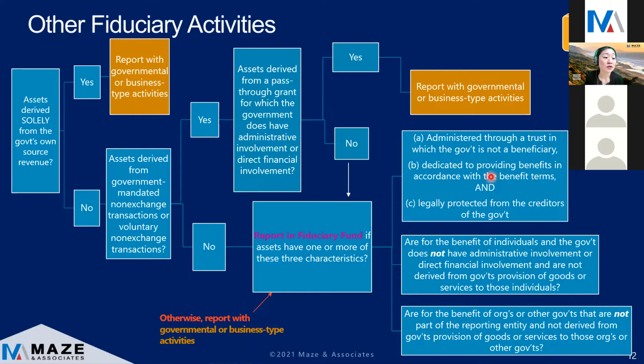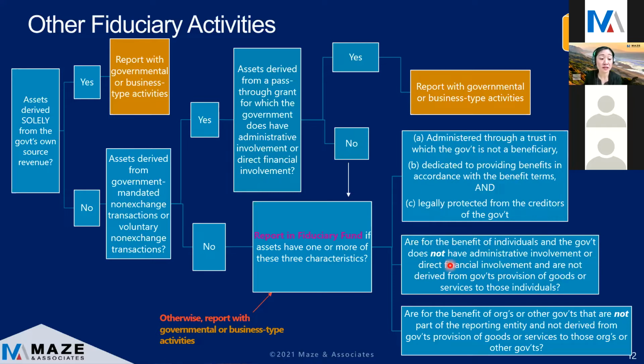Okay, so these characteristics. The first one, you have to fulfill all three of them: administered through a trust in which the government is not a beneficiary, dedicated to providing benefits in accordance with the benefit terms, and legally protected from creditors of the government. Okay, second characteristic: the assets are for the benefit of individuals and the government does not have administrative involvement or direct financial involvement.